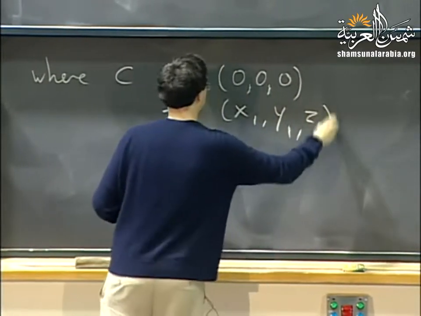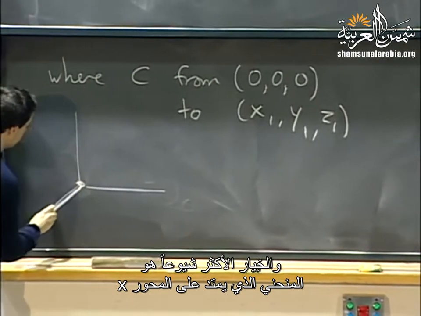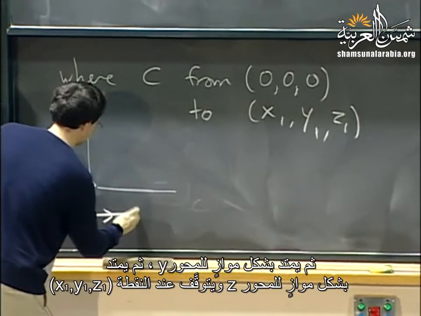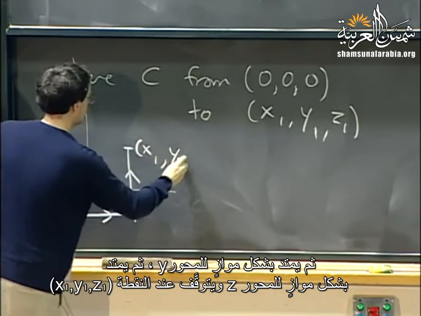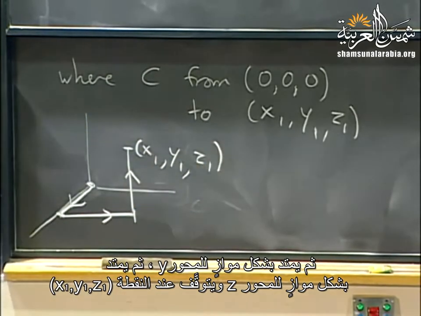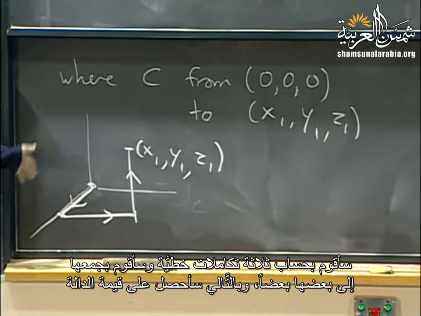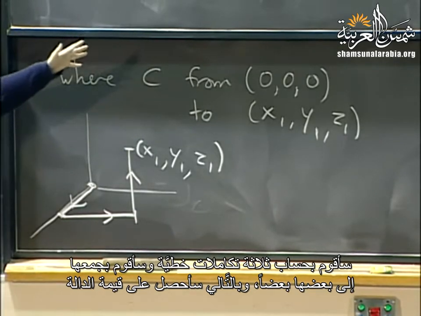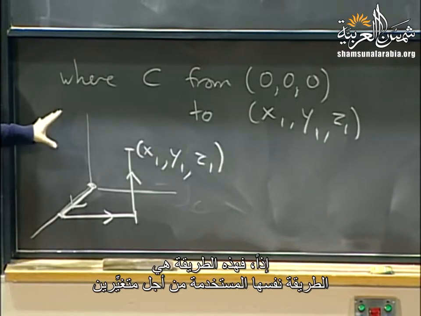The most common choice would be to go first along the x-axis, then parallel to the y-axis, and then parallel to the z-axis, all the way to my point x1, y1, z1. So I would just calculate 3 easy line integrals, add them together, and that would give me the value of my function. So that method works exactly the same way as it did in 2 variables.